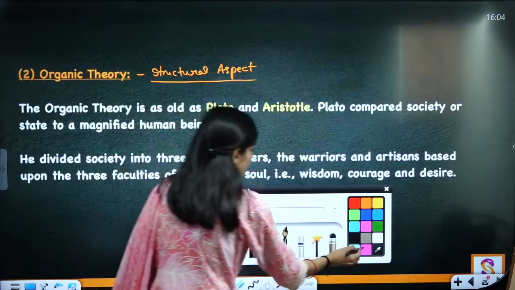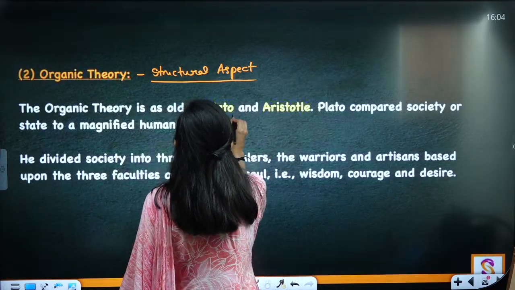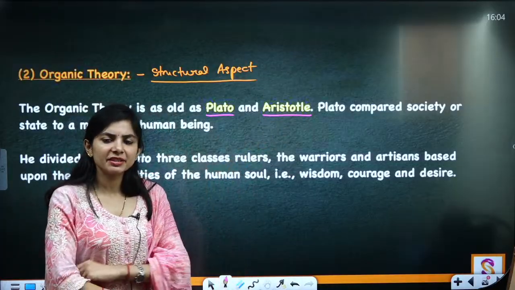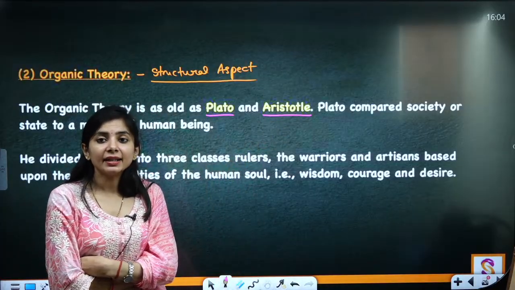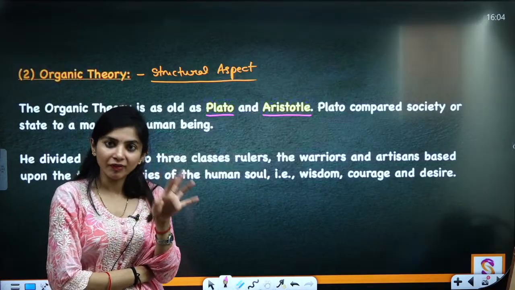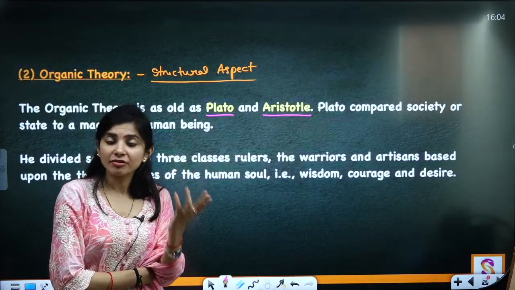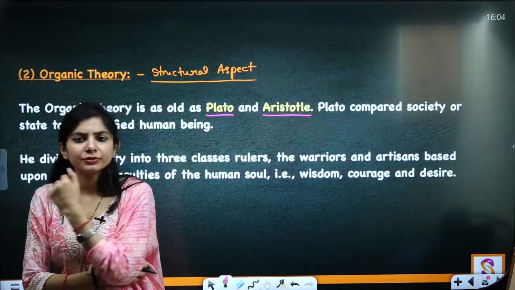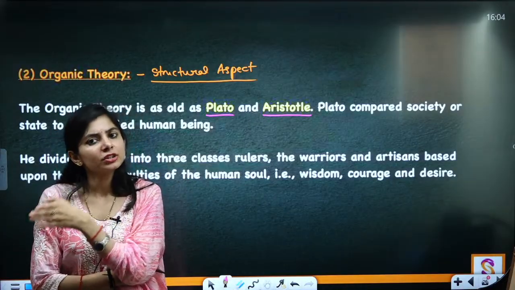Organic theory has been specified by Plato and Aristotle. Remember what Aristotle specified? He said that as birds fly and fish swim, in the same way man is a part of society, or man is a social animal.